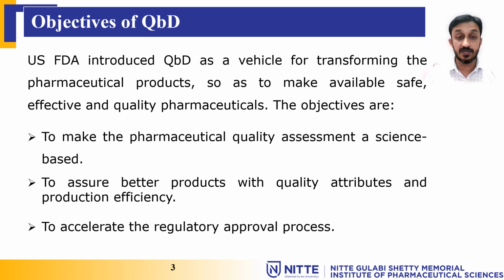So hence, once the quality is established and made confirmed in the product, the regulatory approval process is going to be easy. There will not be many rejections or tedious reviews. Instead, it can be very easily approved.